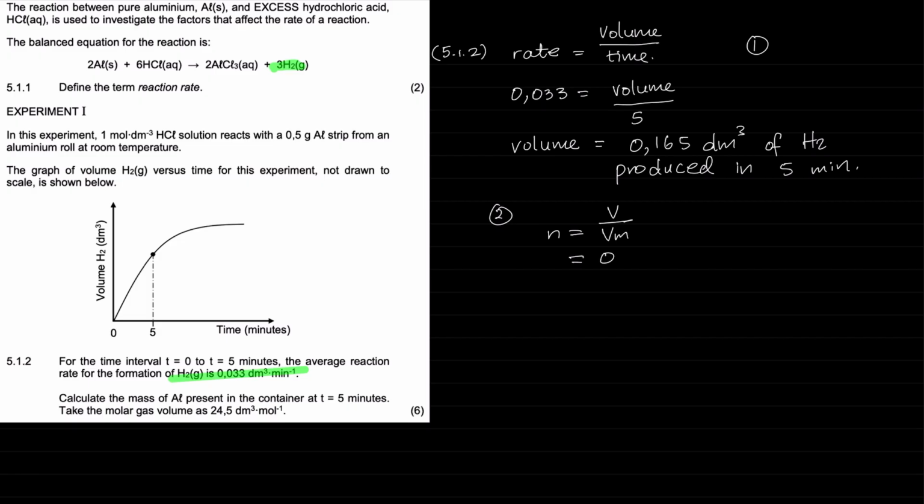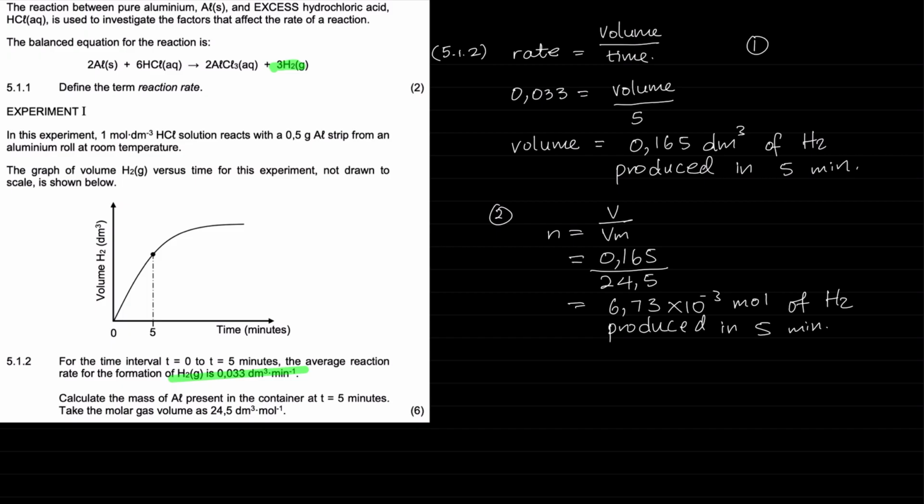That is 0,165 divided by Vm, 24.5, and that gives us an answer of 6,73 times 10 to the negative 3 moles. Again, what is this? This is the moles of H2 produced in the 5-minute interval.